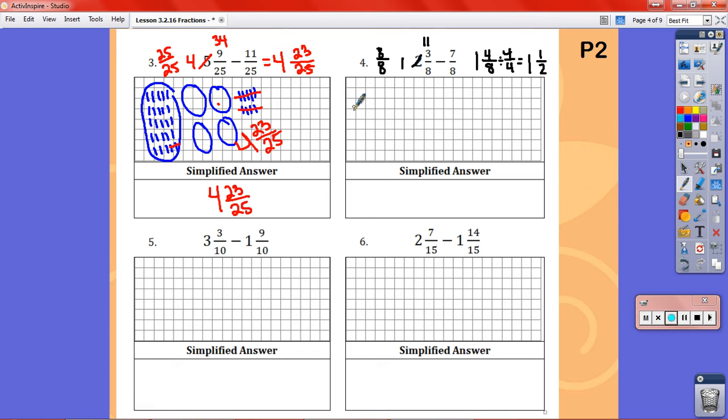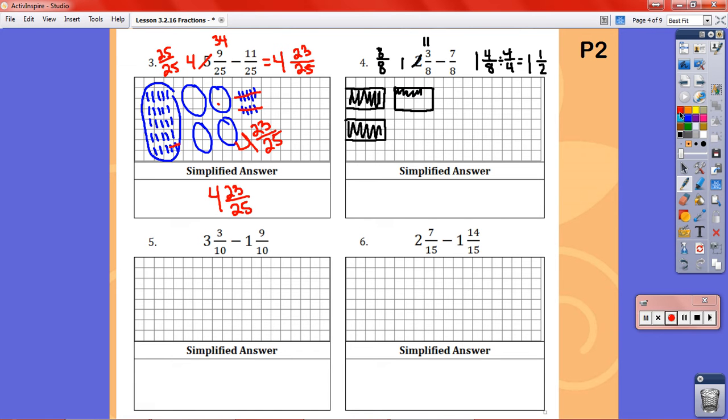So with pictures, it looks something like this. So I have 2 wholes and 3/8. 1, 2, 3.